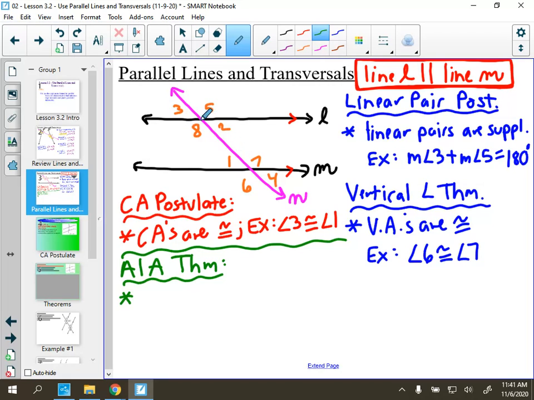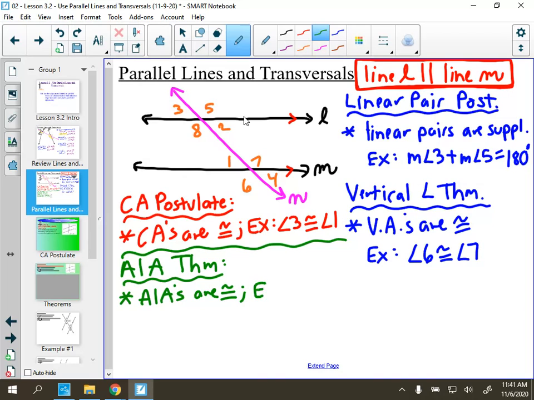This one looks like a big old obtuse angle, and 7 looks like a big old obtuse angle as well. So I can make an educated guess that alternate interior angles are congruent, again, when the lines are parallel.